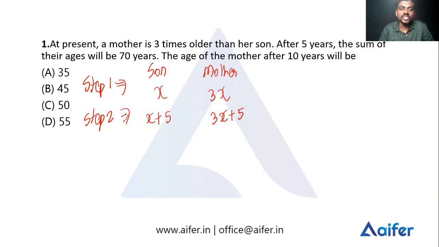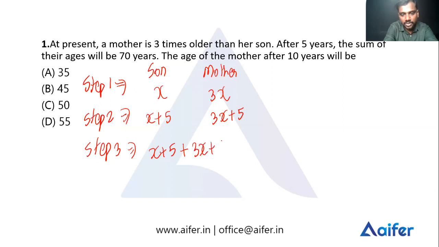And given the condition that after 5 years, the sum of the ages of son and mother will be 70 years. So we have step 3, comparatively easy. There is no need of equating. It's given the sum of their ages will be 70: X plus 5 plus 3X plus 5 is equal to 70.